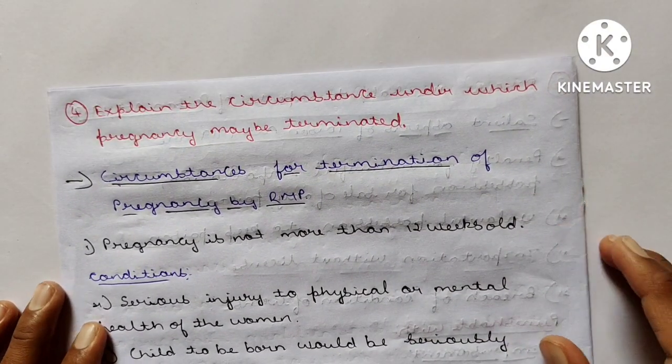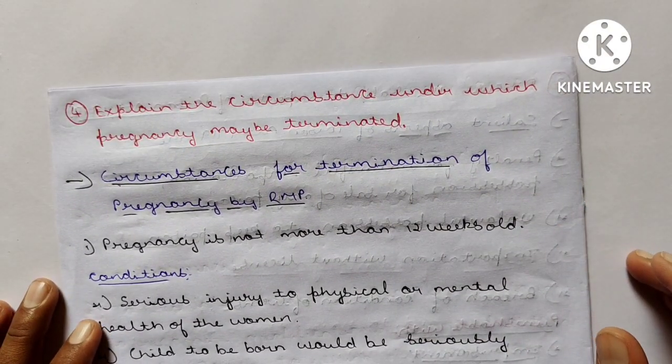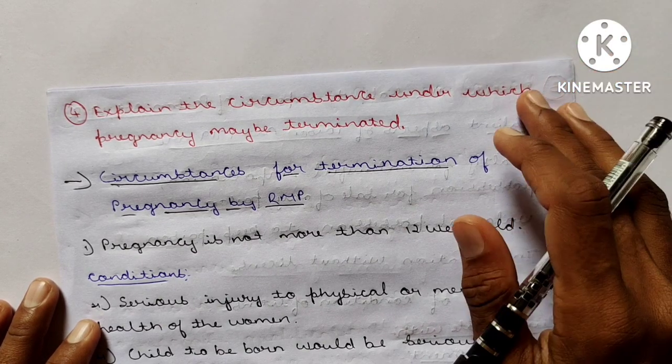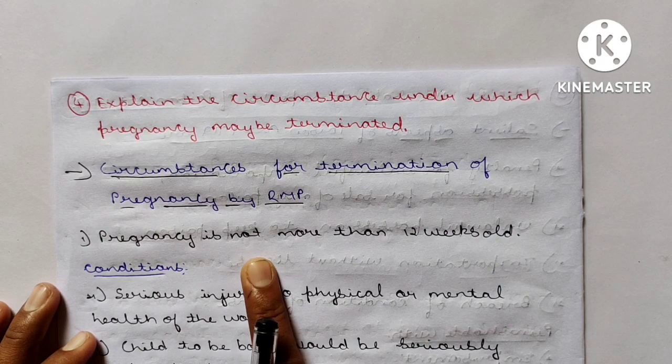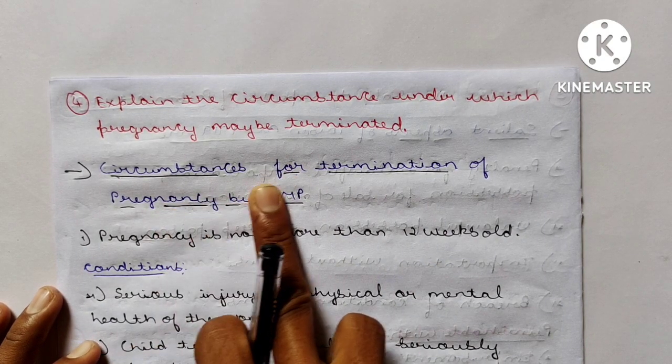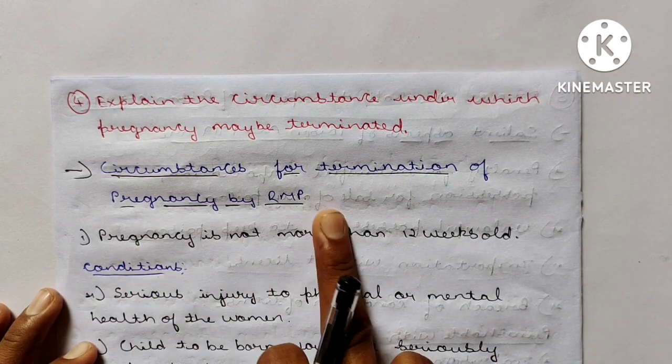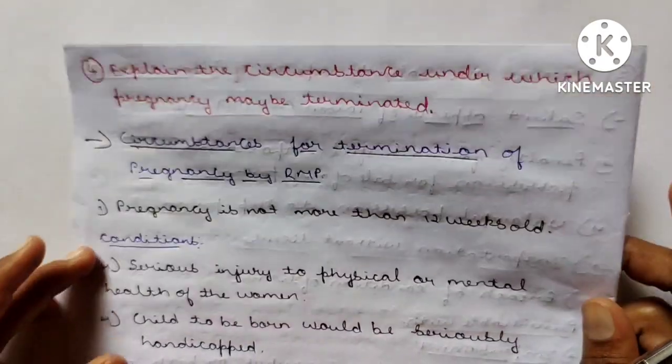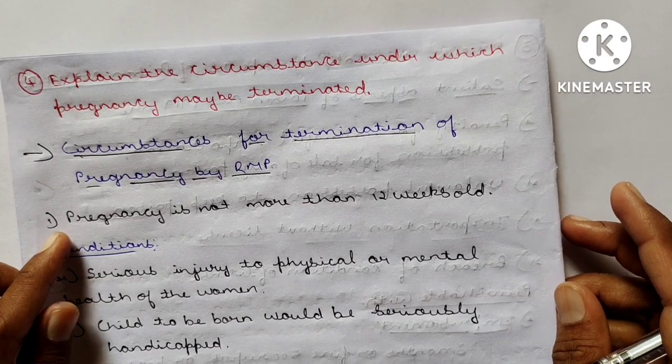That is the Poison Act. Then, explain the circumstances under which pregnancy may be terminated. In which condition can the pregnancy be terminated? See, the pregnancy is not more than 12 weeks old. Okay, the circumstances for termination of the pregnancy by an RMP, registered medical practitioner, is very important here.